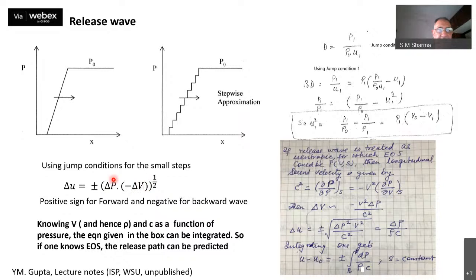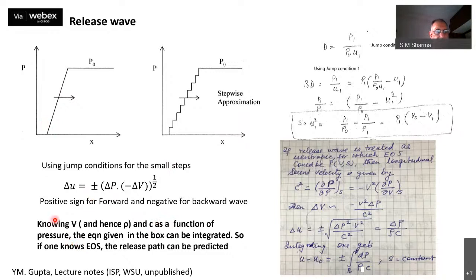Delta P is also negative because the pressure is decreasing. Incidentally, the plus sign means that the release wave is moving forward, and that's a notation commonly used in shockwave physics. Plus means it's moving forward and minus means it is moving backward.